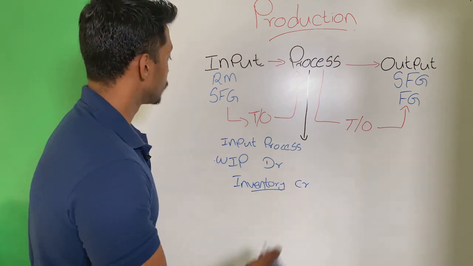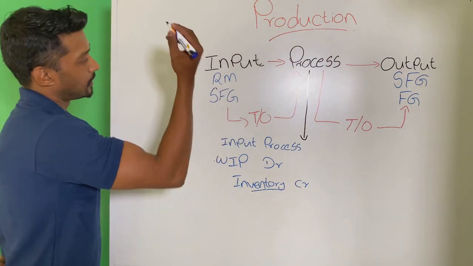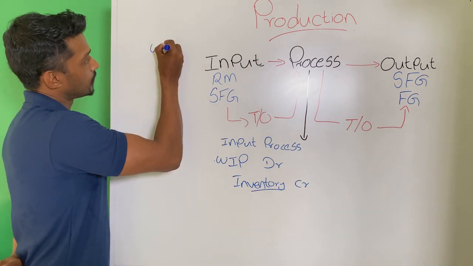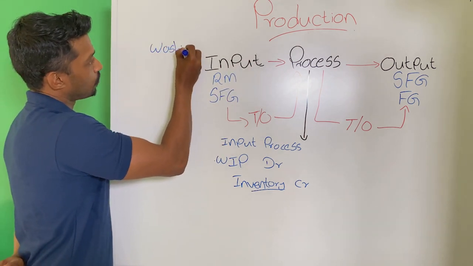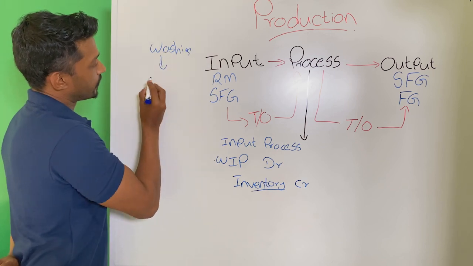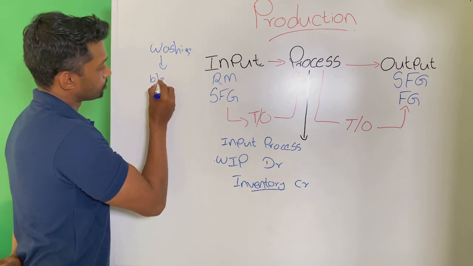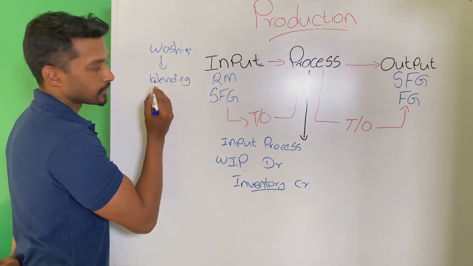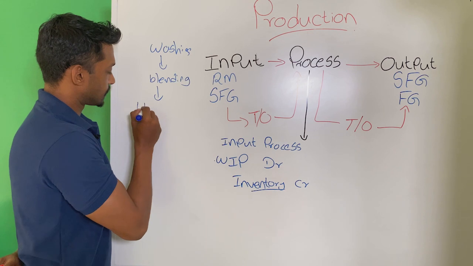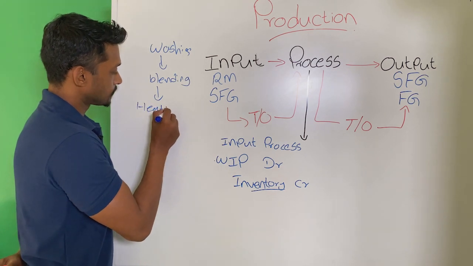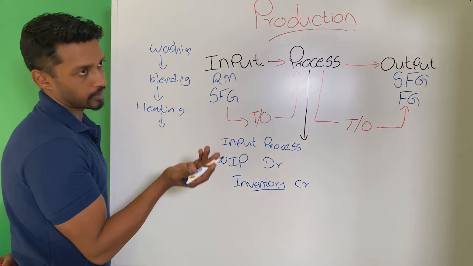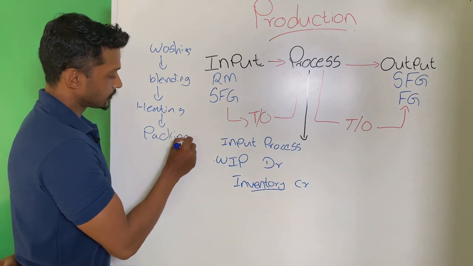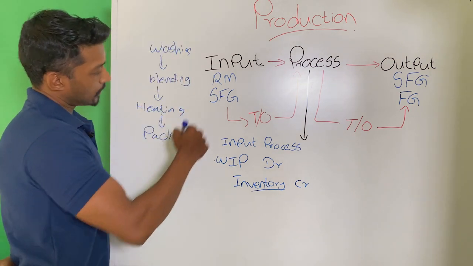For example, if you have a few stages in your chocolate manufacturing company, you may have processes like washing, then after that blending, right? What else? I don't know. Let's say heating and something like packing. Likewise, you have some processes.